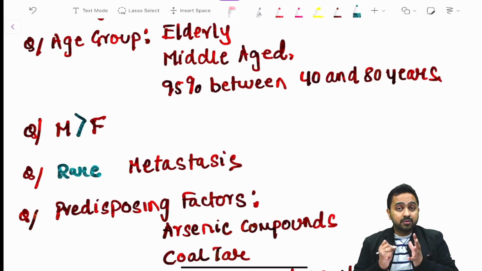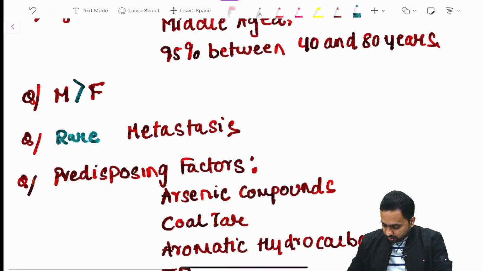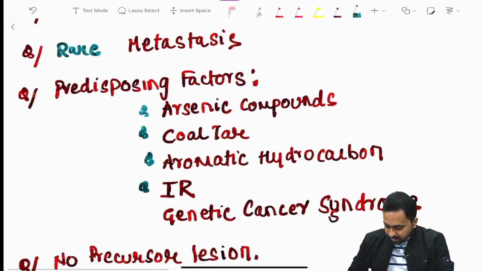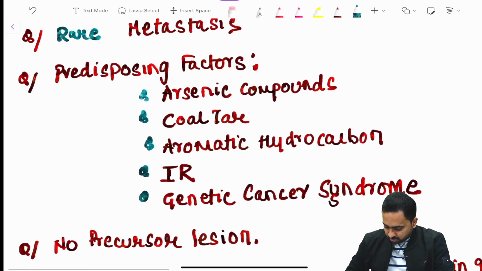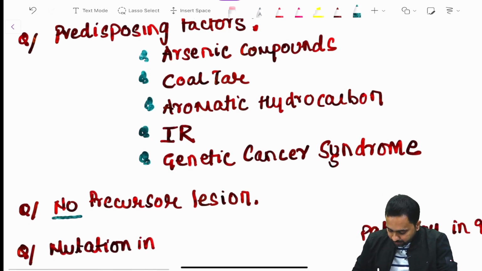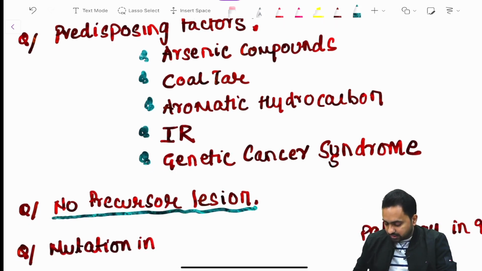The various predisposing factors for basal cell carcinoma include arsenic compounds, coal tar, aromatic hydrocarbons, ionizing radiation, and genetic cancer syndromes. There are no precursor lesions involved in basal cell carcinoma.